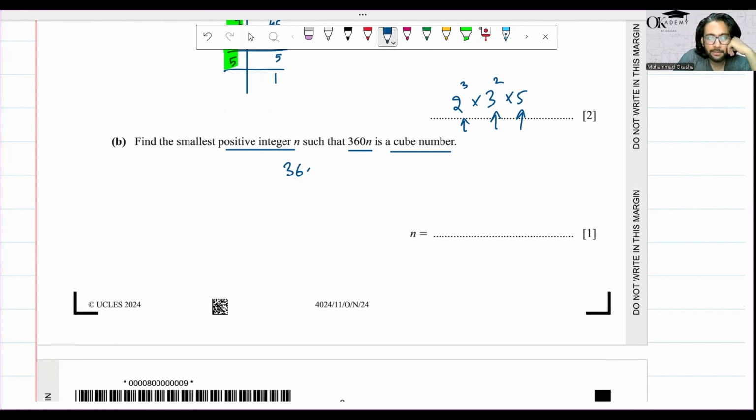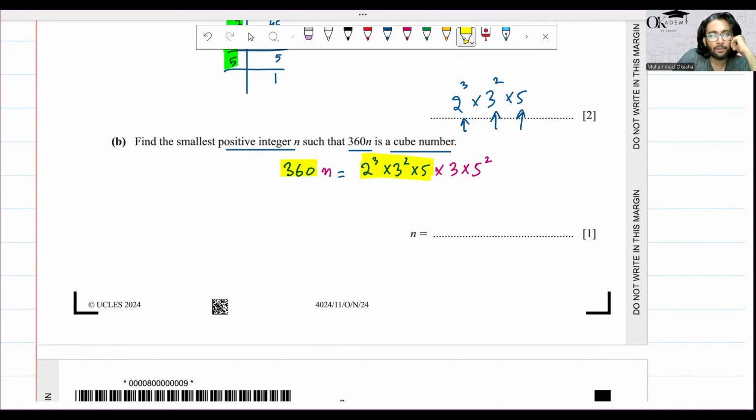So I'll write 360n is equal to 2 cubed multiplied by 3 squared times 5. What's missing? There's a 3 missing, and there's a 5 squared missing. If you notice, this yellow bit is just 360.